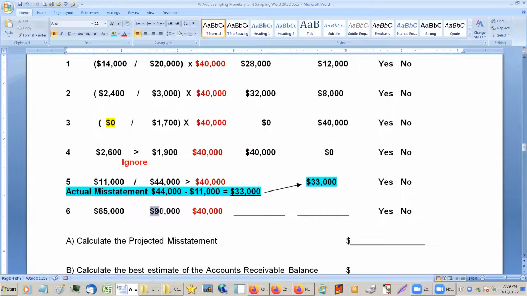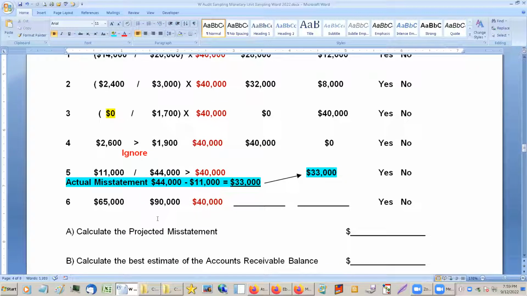The same thing goes true down here. Notice this one is 90,000. This will cover at least 2 intervals, maybe 3. And we do the same thing with it. We do the actual misstatement. Just gonna copy this down and plug in the numbers.